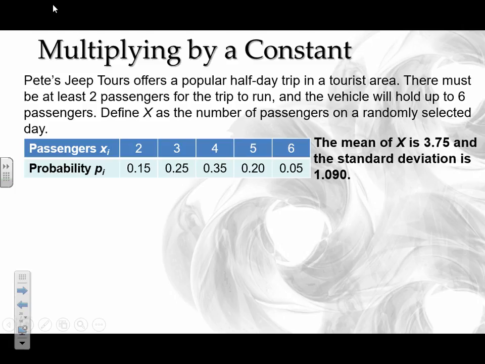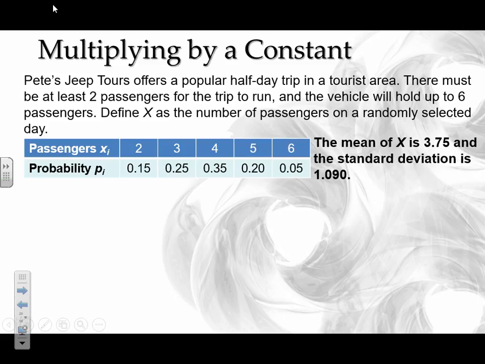If I want to calculate standard deviation for a random variable, what's the first thing I have to calculate? That's with the V, variance. So we start with variance. To calculate variance, you take the value. So 2 minus the mean. So I would take 2 minus 3.75 and square that.